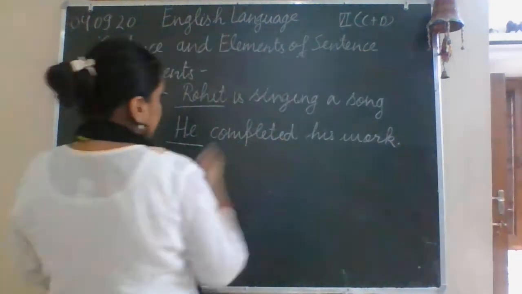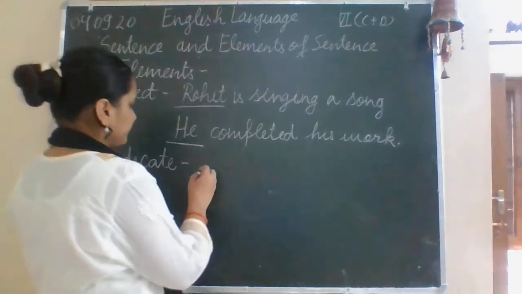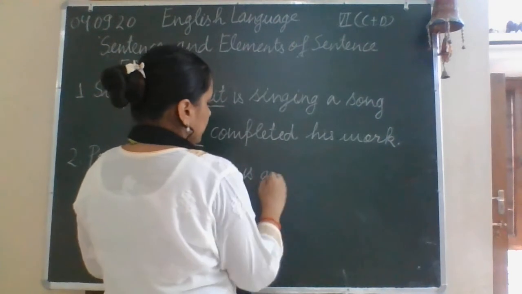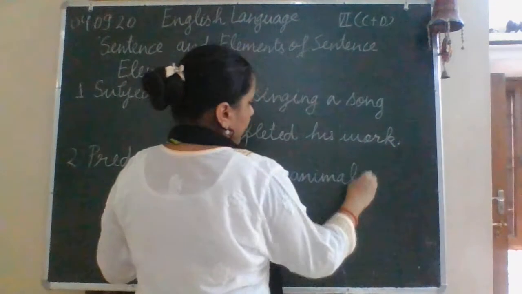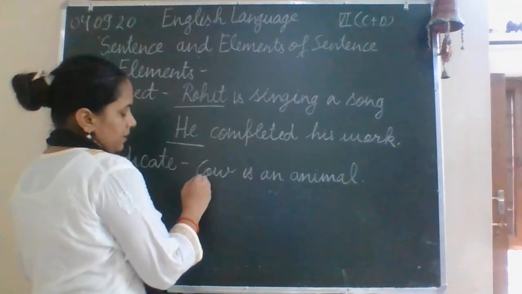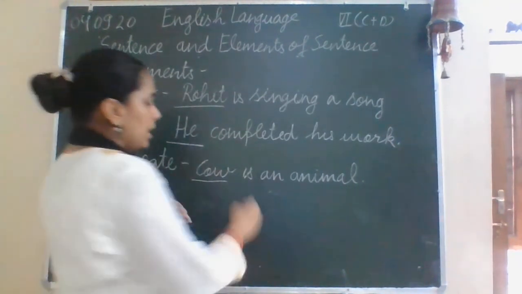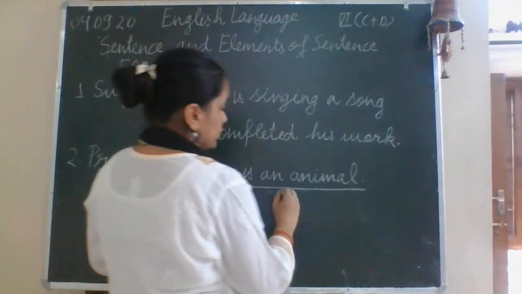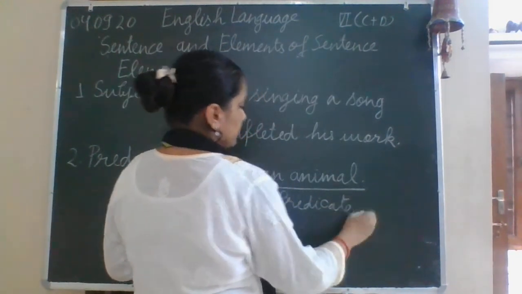Let's take another example. Cow is an animal. Since we have discussed the subject, you know that cow is the subject in the sentence, and the rest of the thing, this much, is the predicate of the sentence.